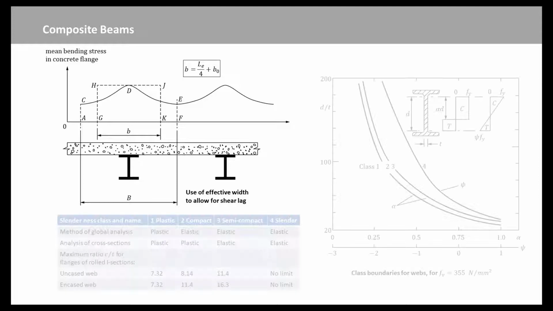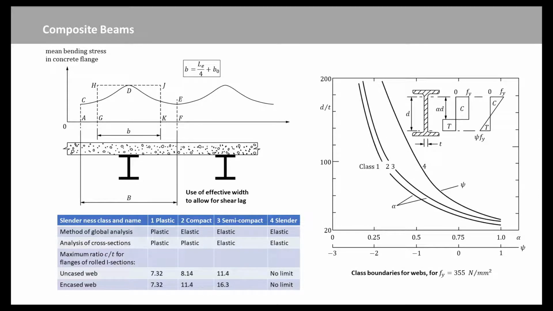Because of local buckling, the ability of a steel flange or web to resist compression depends on its slenderness, represented by its width over thickness ratio, c over t. In design to the current Eurocode, each flange or web in compression is placed in one of 4 classes.